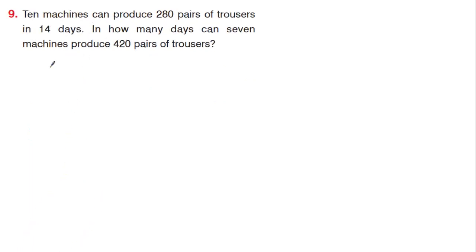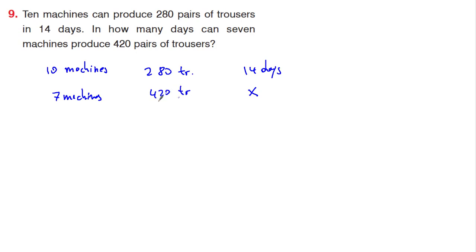10 machines can produce 280 pairs of trousers in 14 days. In how many days can 7 machines produce 420 pairs of trousers?